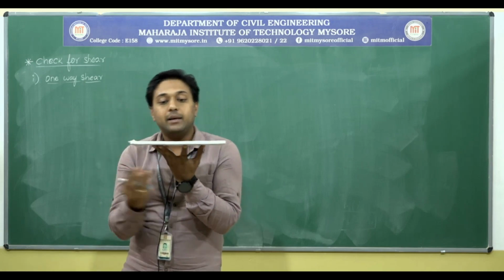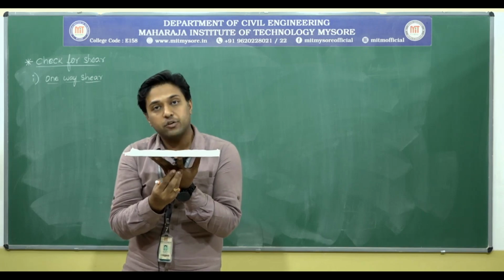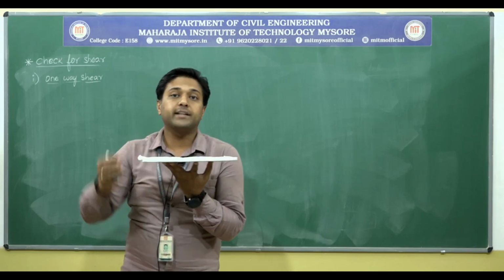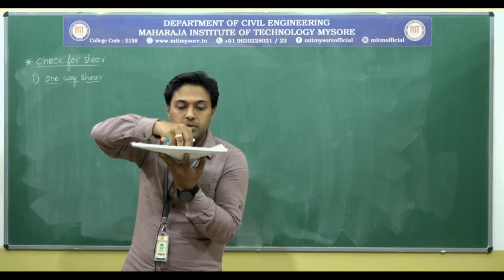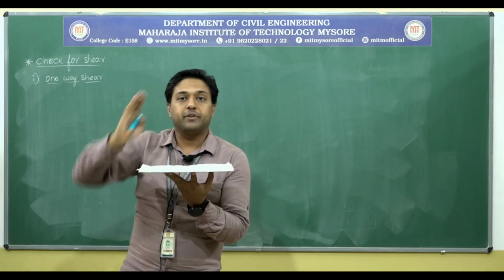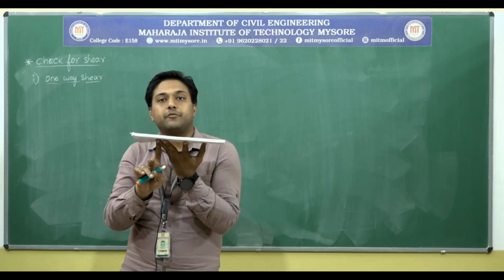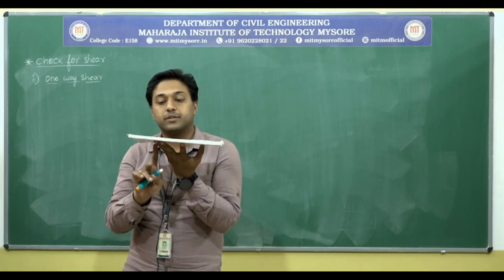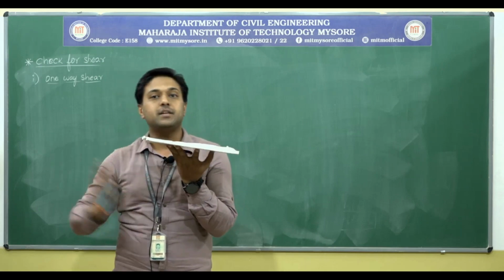Exactly below the column there won't be any shear, or if it is there, it is very minimum. So where will the shear be maximum? Whenever you apply the load from the column, this portion gets uplifted. It means that the shear will be acting at a distance d from the face of the column. So the critical section starts at a distance d.